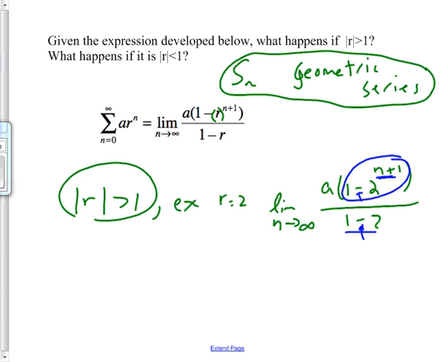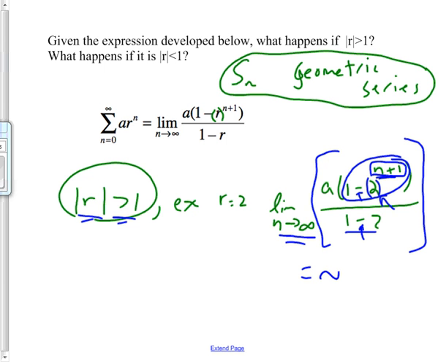If we have some r value greater than 1 that's inside of here, it is going to make this whole expression get close to infinity as n gets close to infinity, because we're going to be raising some number greater than 1 to an infinite power, which is going to make that infinitely large.